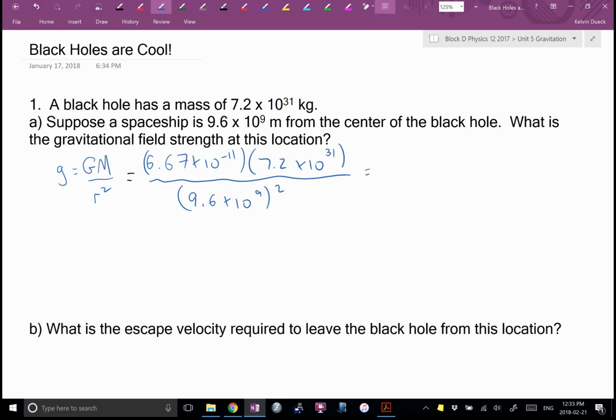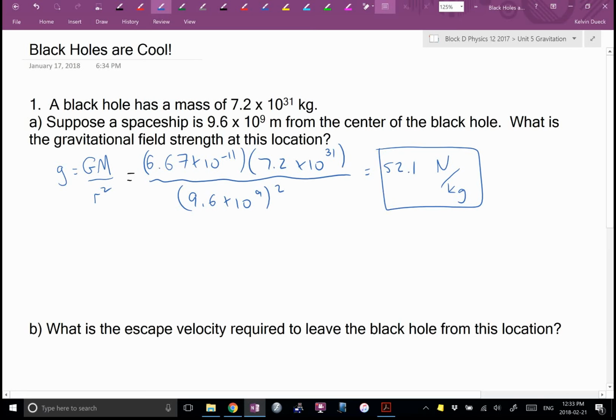Okay, that's okay. 52 point what? 0.1. So 52.1 units. You could call this meters per second squared because you would accelerate at that rate. But when we're talking about gravitational field strength, because it's the force divided by the mass, which is also acceleration, you can also think of it as meters per kilogram.